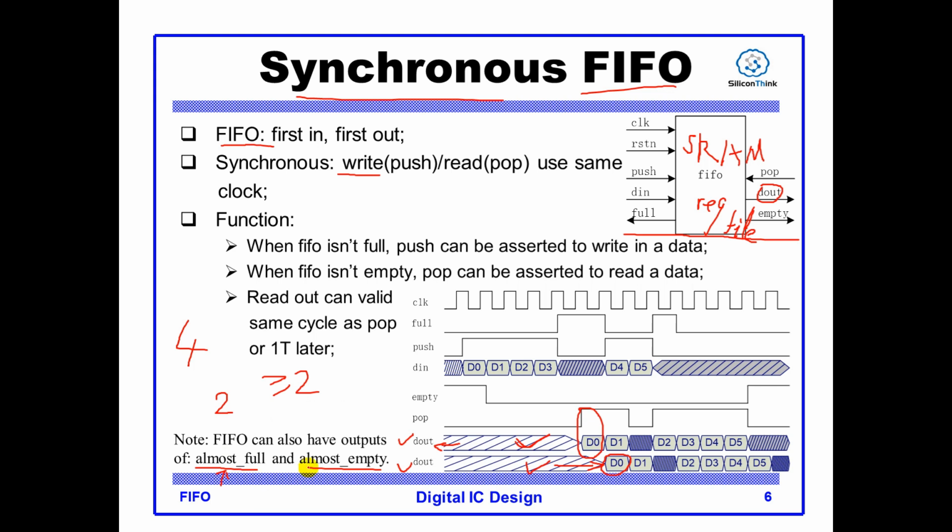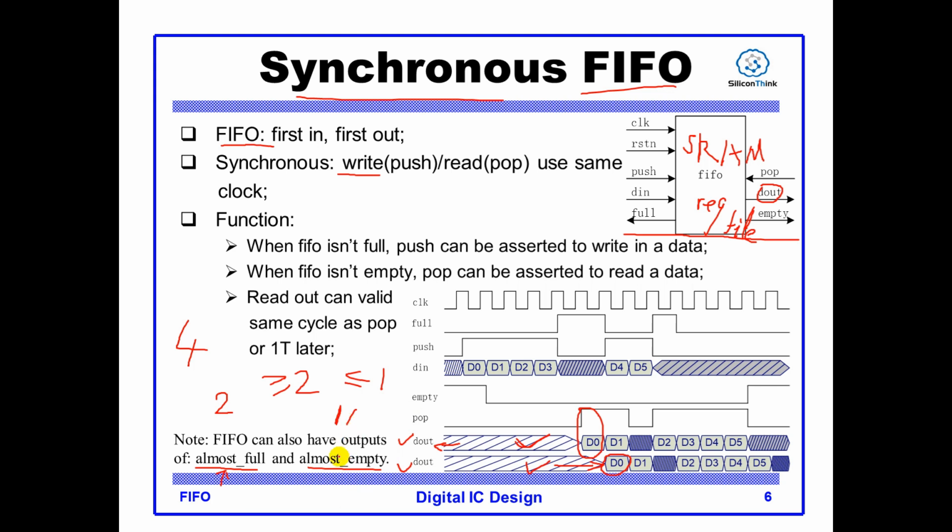And this is also true for almost empty, you can set the threshold value to 1. So the behavior will be when the number of data that has been buffered in the FIFO is less than or equal to 1, almost empty will be asserted.